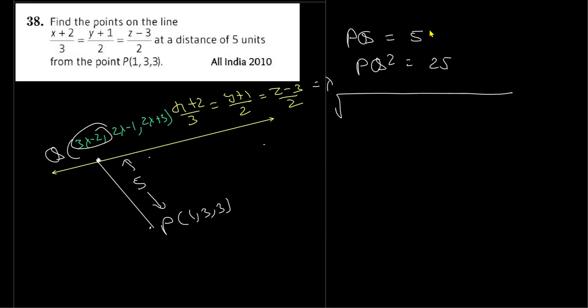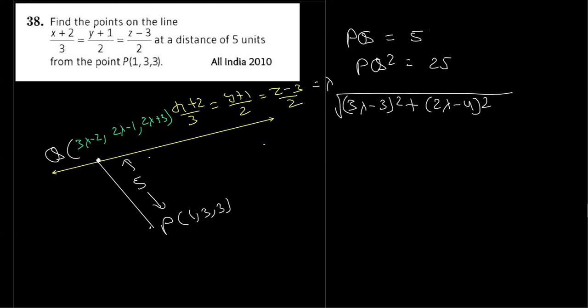So 3 lambda minus 2 minus 1, that is 3 lambda minus 3, whole square, plus (y2 minus y1) whole square. That is 2 lambda minus 1 minus 3, which is 2 lambda minus 4, whole square.